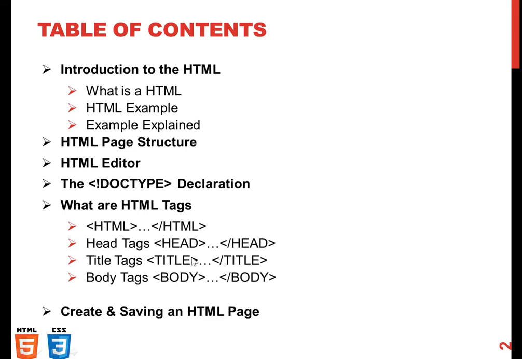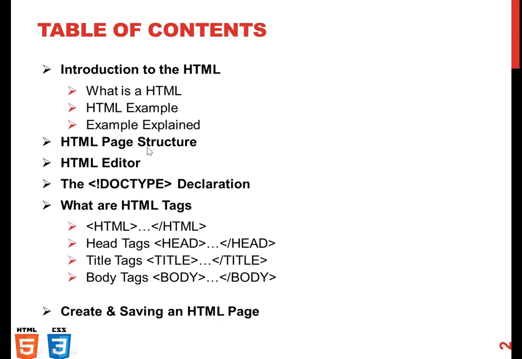So this is the opening tag, this is the ending or closing tag, and the same body tag. What is a body tag? Body tag, whatever the contents that we have or we have decided for our web page normally goes inside these two tags.